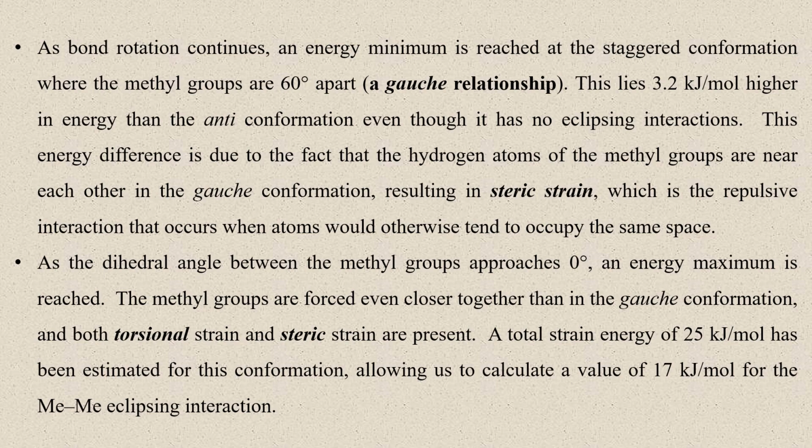When we continue our rotation from 0 to 60, 60 to 120 like that, finally after 360 degree rotation, once again it attains the syn coplanar or syn periplanar conformation where we find methyl-methyl eclipsing interaction, and because of that, that syn coplanar conformation has got the highest energy.